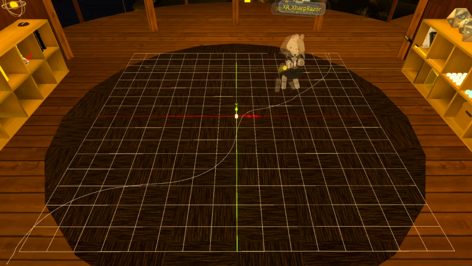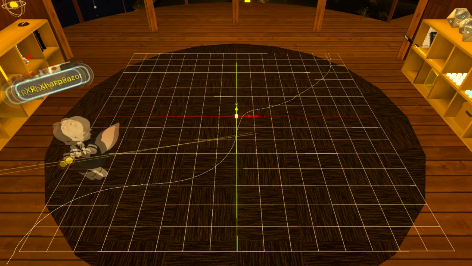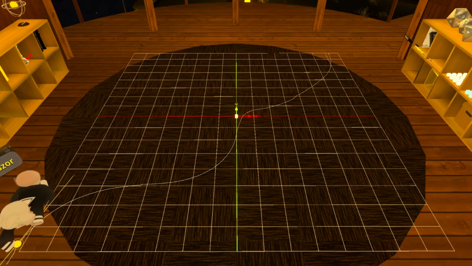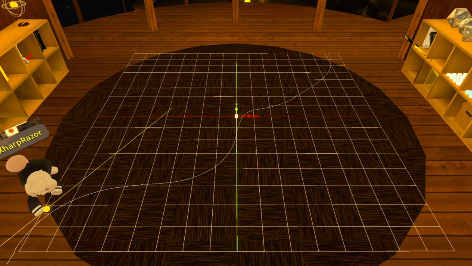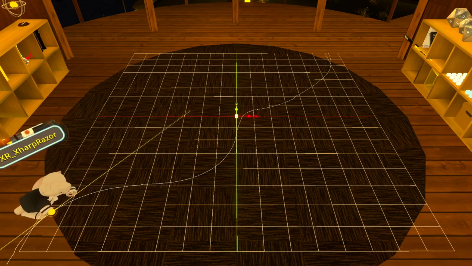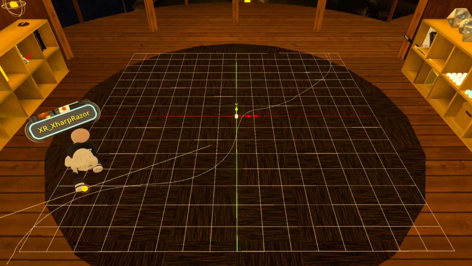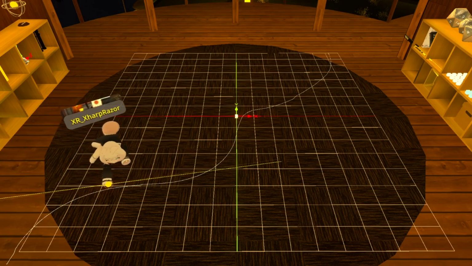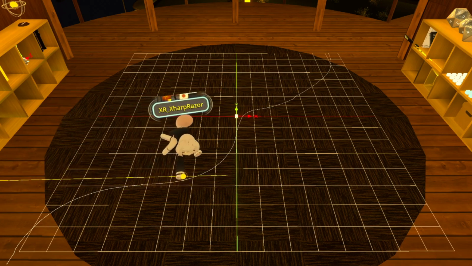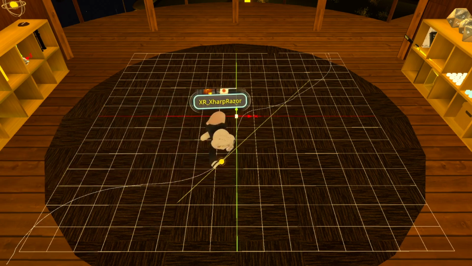So here's an important hint: as I move along the line, you can see the slope changes. This also means that as my x coordinate changes, my slope also changes.